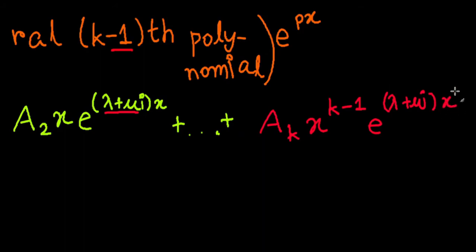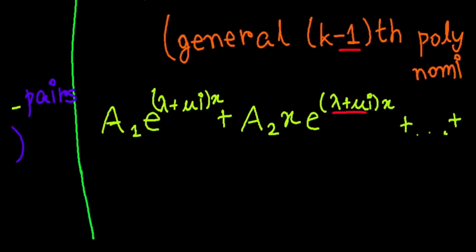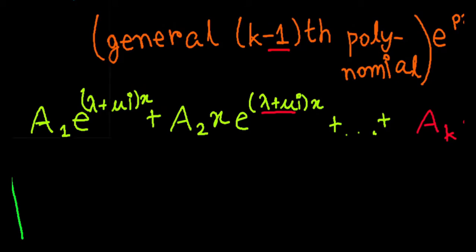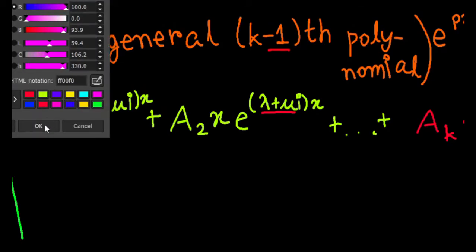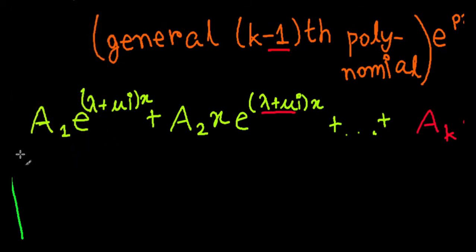Now this is for lambda plus mu i. The same thing is going to happen for lambda minus mu i; we also have that other side of the bridge, which is also repeated k times.